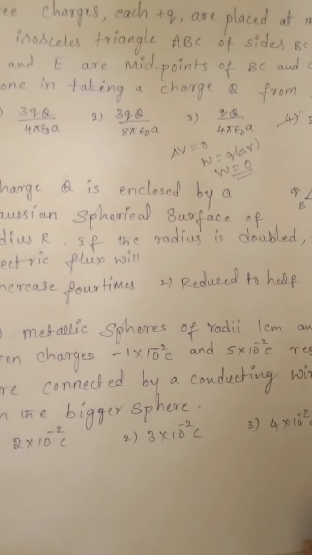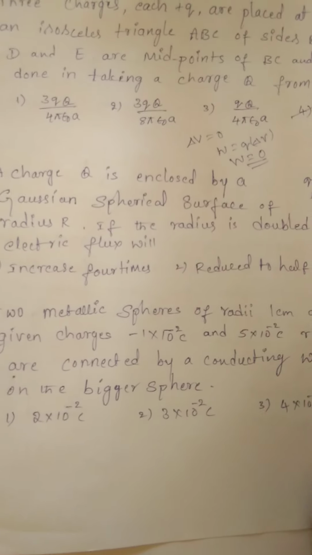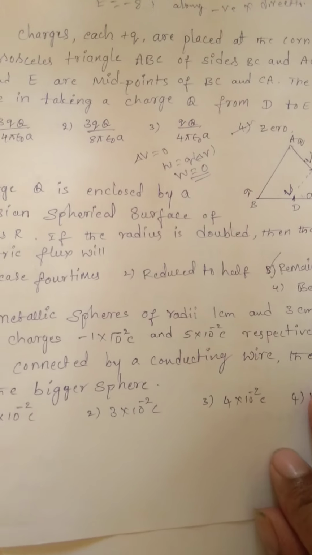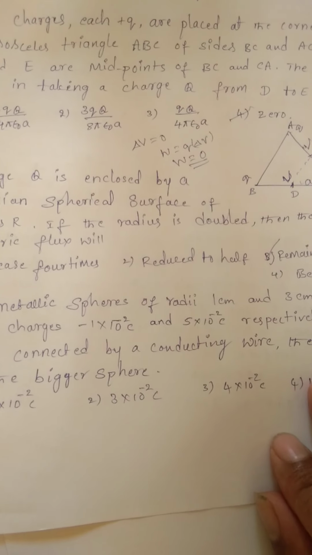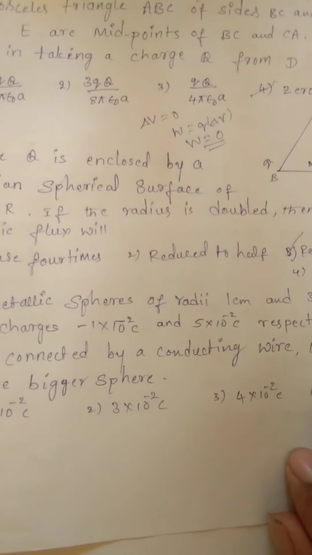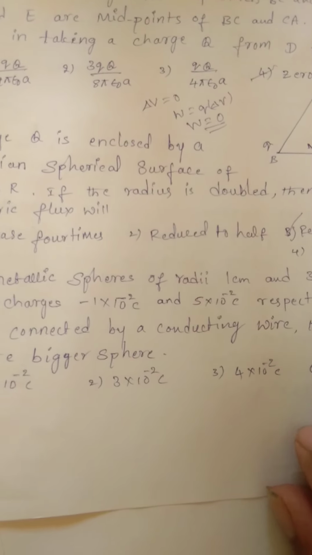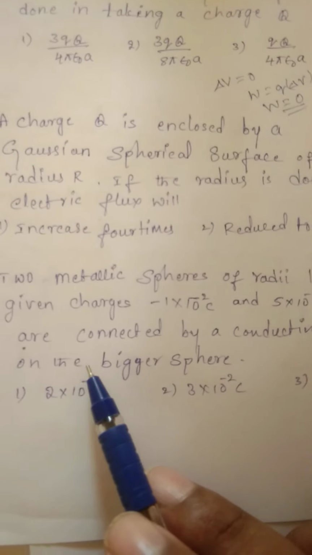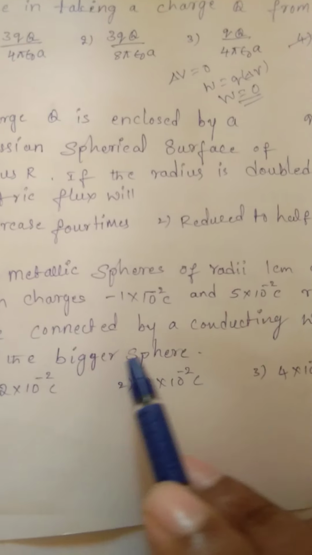If we connect a conducting wire between these two spheres, it maintains an equipotential surface and the charges will change. What will be the charge on each sphere? Especially here, the question is the charge on the bigger sphere.